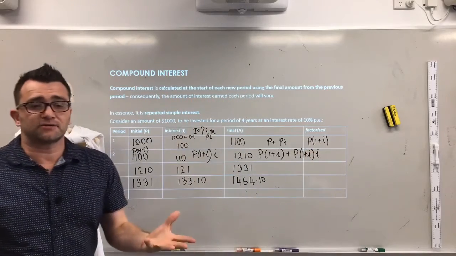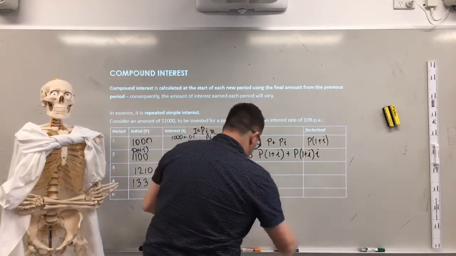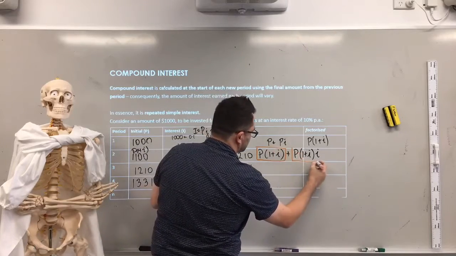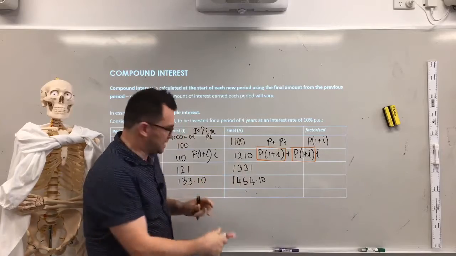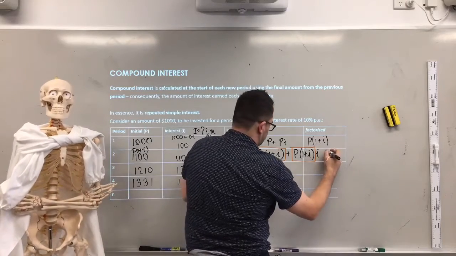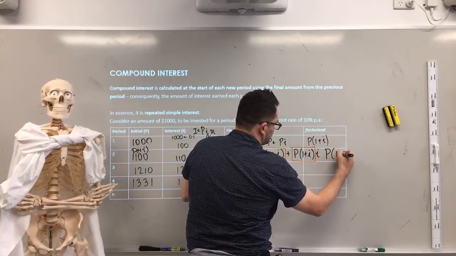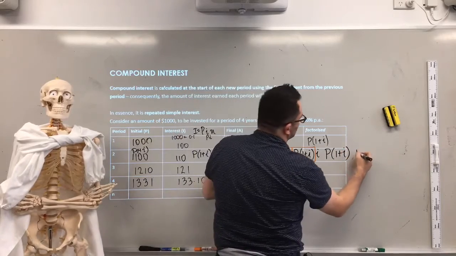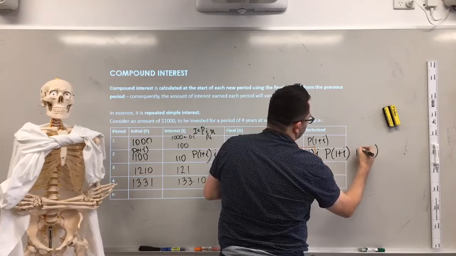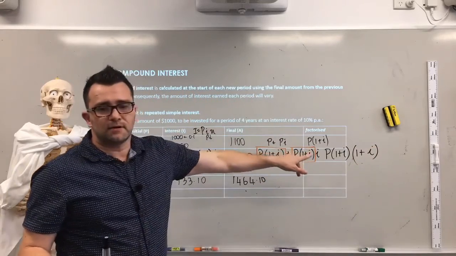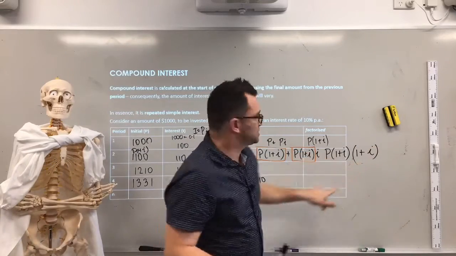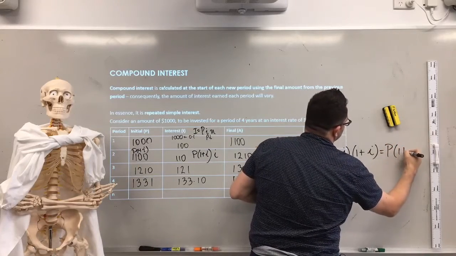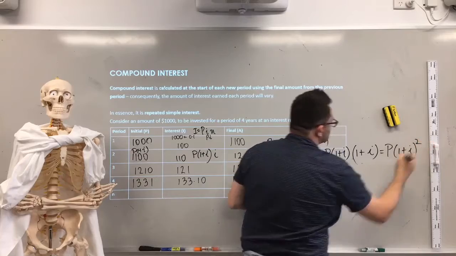Now I can factorize that again further, so I could pull my common factor out, and I'll get the principal times 1 plus I, and then what's left would be 1 plus I. And this is repeated, so this actually ends up being the principal times 1 plus I squared.